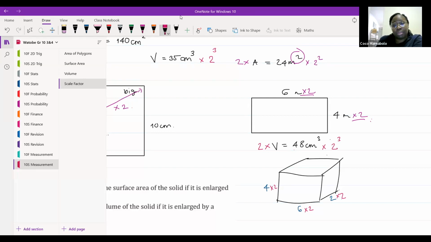And I know that because my centimeters are cubed. Okay, for those of you who are a little bit lost, can I get a thumbs up if you guys are with me? Excellent. Okay, we got it.